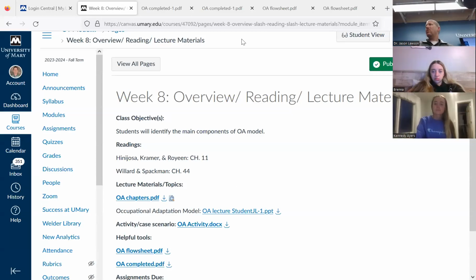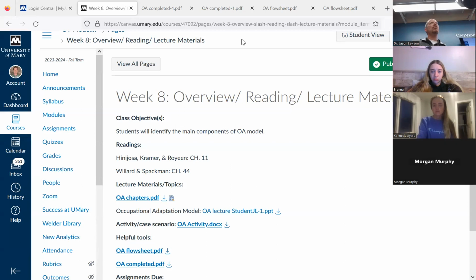Okay, today we are going to talk about the occupational adaptation model. And so I have here our Canvas page. This is probably one of the most difficult or challenging models to lecture on because it's unique.